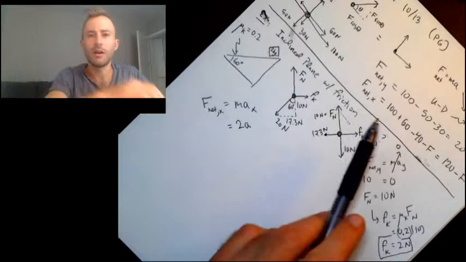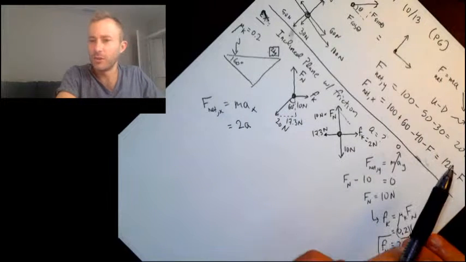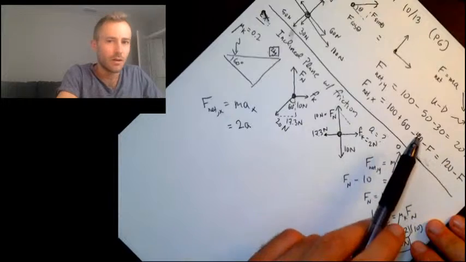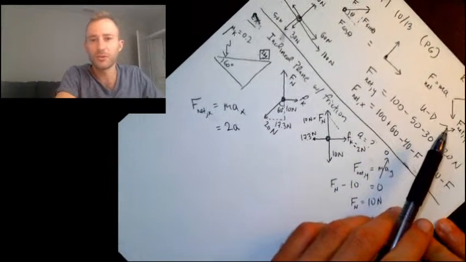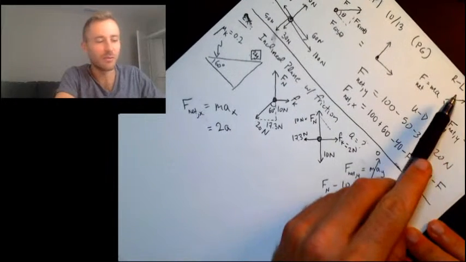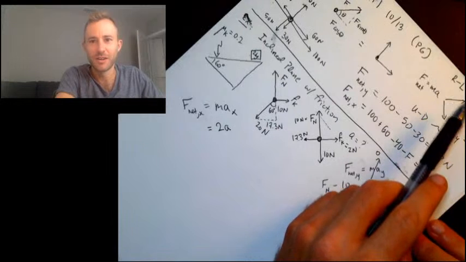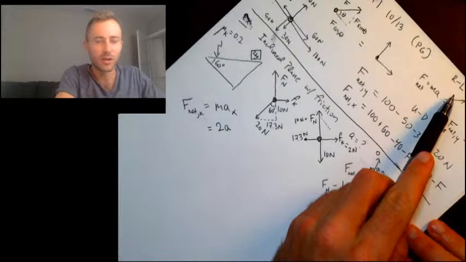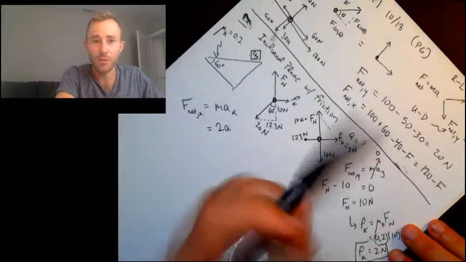There are two answers in the chat. One of them is right forces minus left forces, and the other is left forces minus right forces. In this class, we're going to take rightward to be positive.